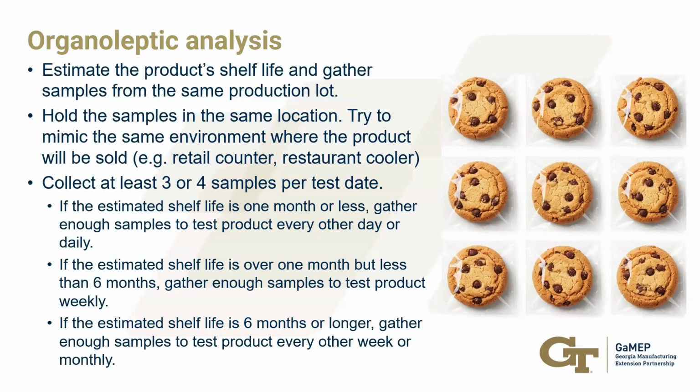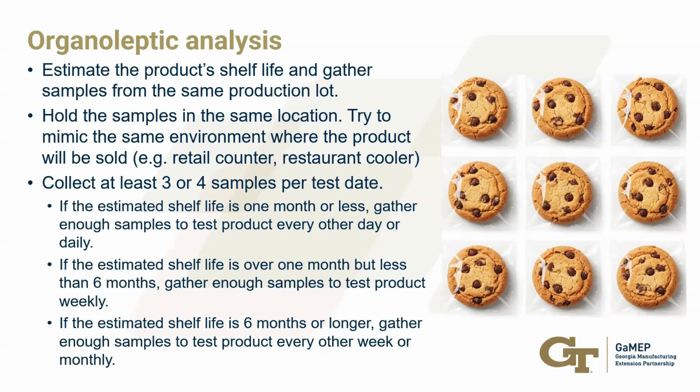And every day or every other day, I'll take a sample and I'll look at it, I'll smell it, and I'll taste it to make sure it meets my quality expectations. And I'll record my results. I might take pictures. That is a very simplistic form of a shelf life study.